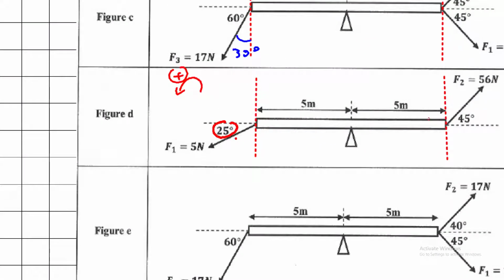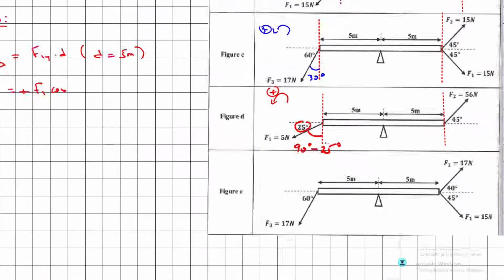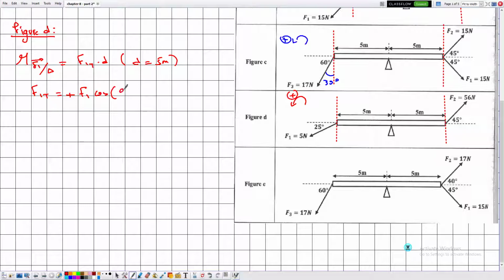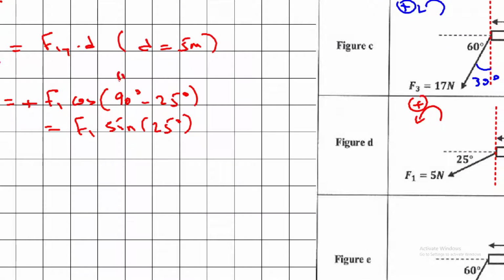If this is 25, then this is 90 degrees minus 25. So cosine of 90 degrees minus 25 is simply F1 sine 25. Notice that here I didn't place pi by 2 because this is expressed in degrees.